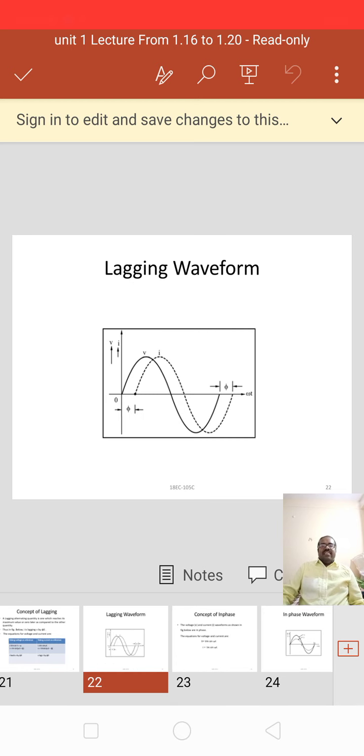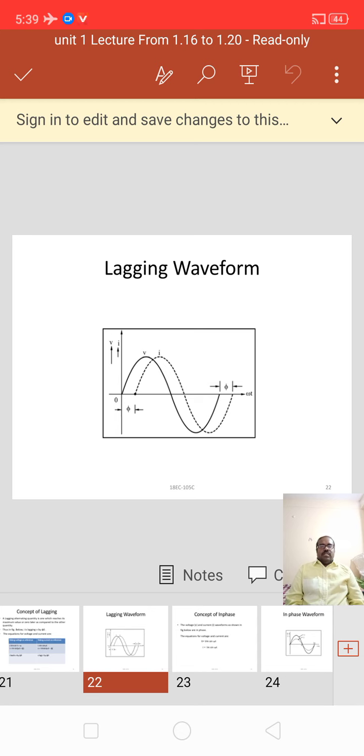Now the lagging waveform. See here, as in the earlier waveform, we have the same voltage and current alternating quantities on the y-axis and omega t, the angular values, on the x-axis.